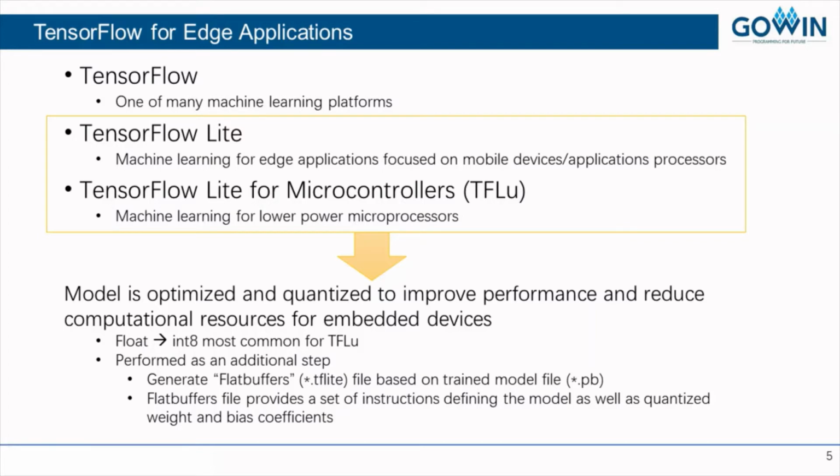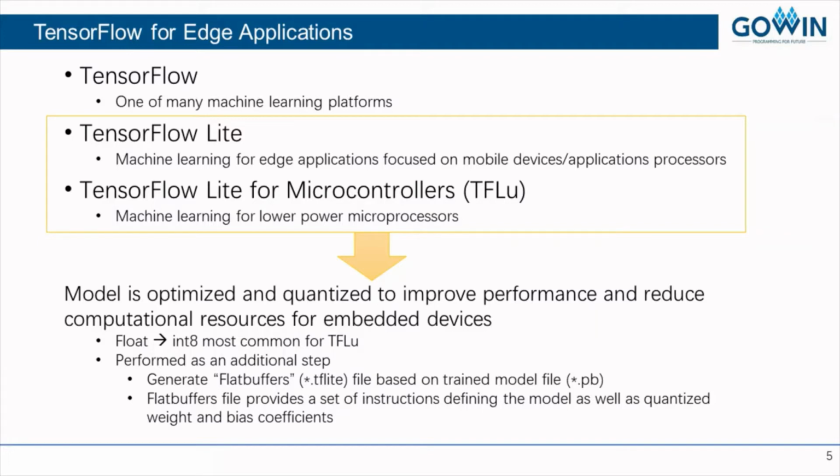And then the second one is TensorFlow Lite for microcontrollers, and sometimes it's abbreviated TFLU. And this is for machine learning on, as it says, microprocessors. So what these two sub-tools do is they optimize the model and quantize it for embedded hardware.